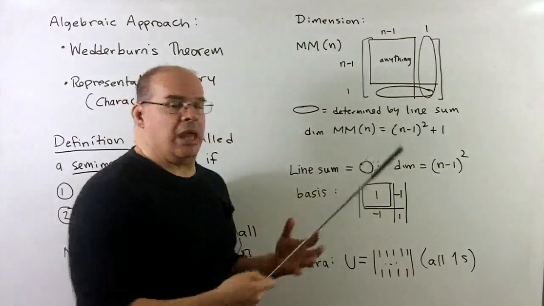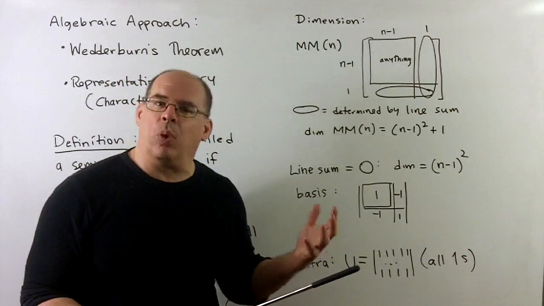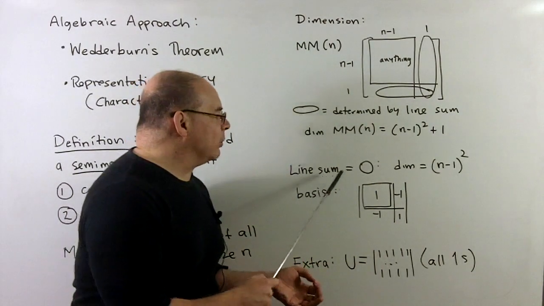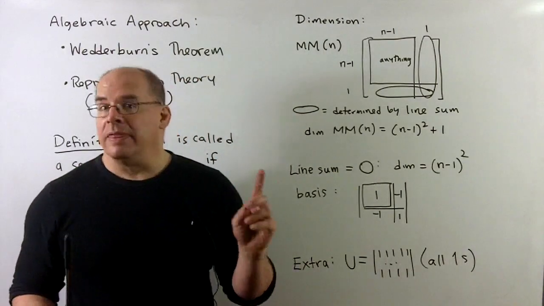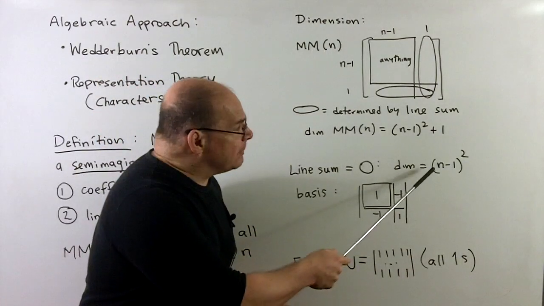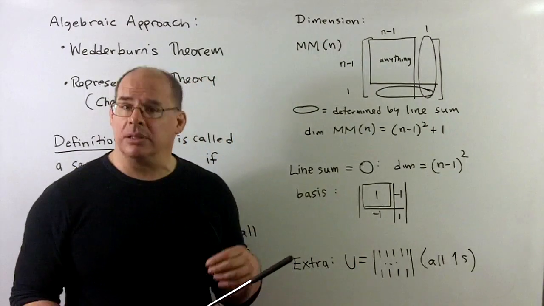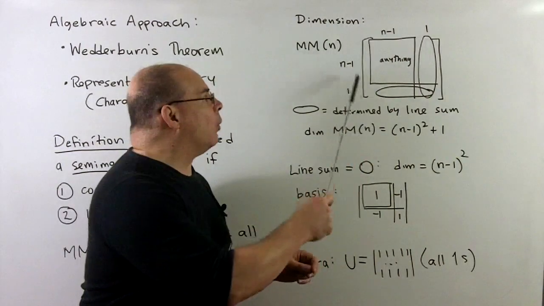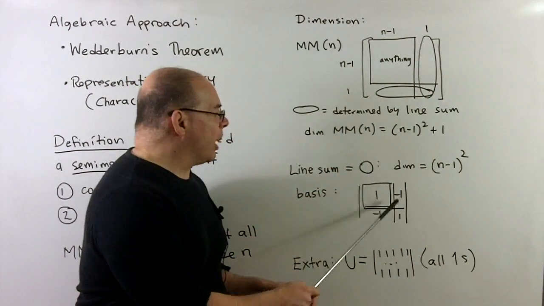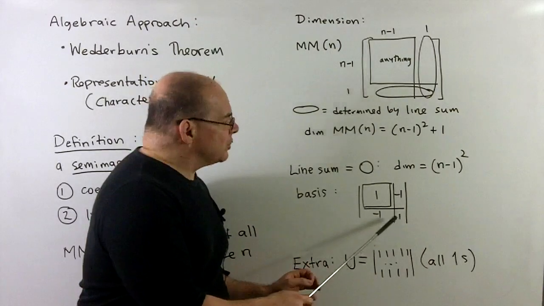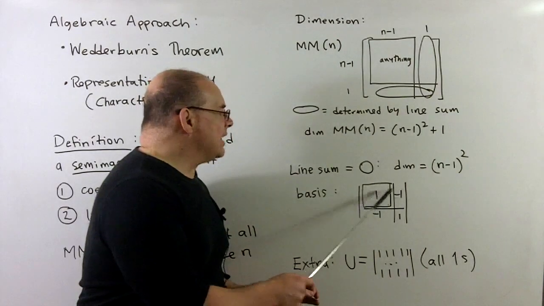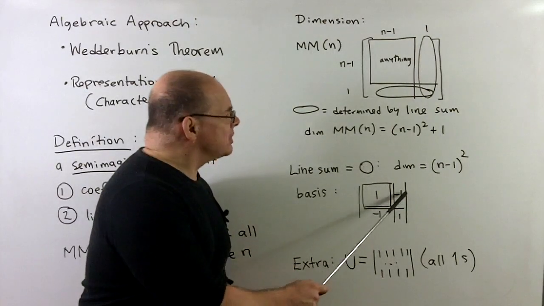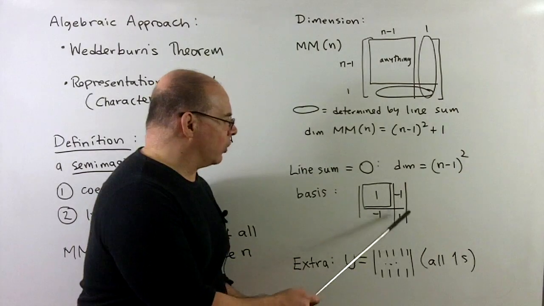Now, if I want to have a little bit more idea of what can go in here, one thing I can do is just consider the line sum equal to 0. That's going to be a subspace of dimension (n minus 1) squared, and it's straightforward to find a basis for this. I could just put a single 1 anywhere I want in the block, zeros elsewhere in the block, and then I could fill out so that we get line sum 0 with minus 1s in the strips, and that'll force a 1 in the other corner.